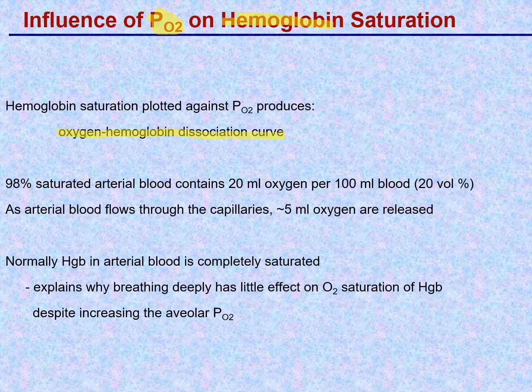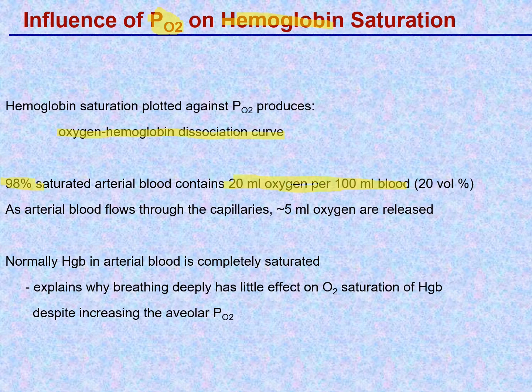It'll be able to carry approximately 20 mils of oxygen for every 100 mils of blood. Flowing through the capillaries in the lungs where the PO2 is high, it'll pick up oxygen and become highly saturated, anywhere from 98 to 100. As it goes into the systemic circulation and flows into the capillaries in the tissues, remember it drops from 100 to approximately 75, so about a quarter of that oxygen is released.